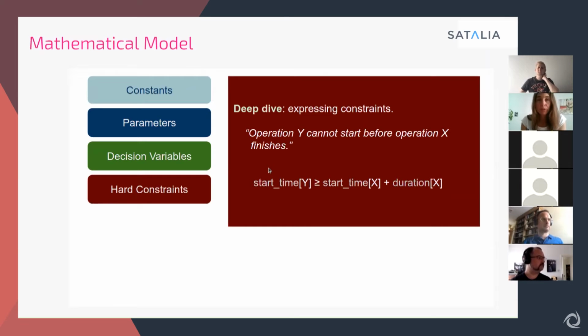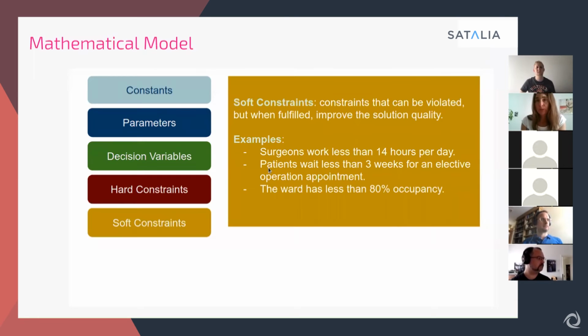So we have hard constraints and we also have soft constraints. Soft constraints are those that can be violated, but if they're violated, you will have to pay a certain penalty because the solution quality is decreased.